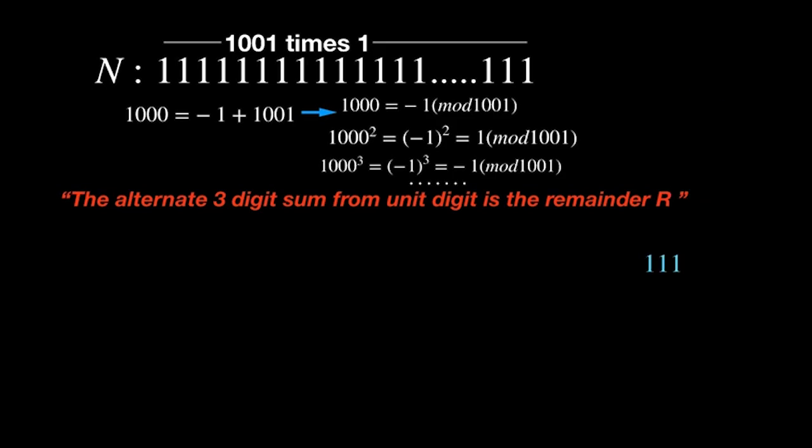We can write the number like this from the right side, taking 3 ones in blue color and the next 3 ones in red color. That means every block of 3 ones from the right side is alternately blue and red, then the next blue block of 3 ones, and then a red block of 3 ones. In this way we can write the number.